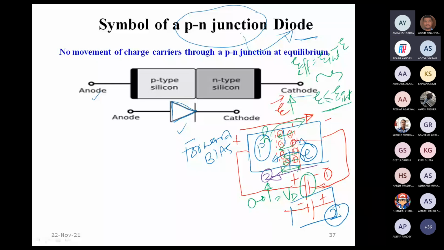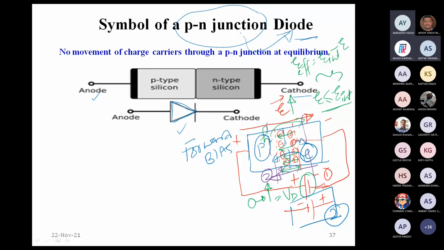The depletion region will also grow because we now have more effective electric field in the direction of the internal electric field. So more potential drop means more potential barrier.